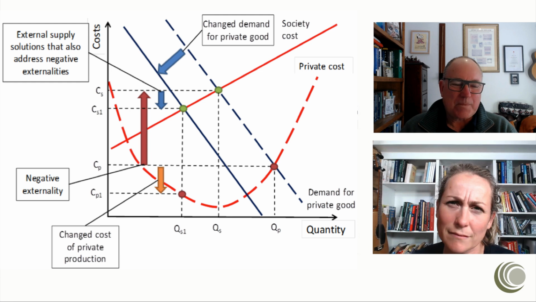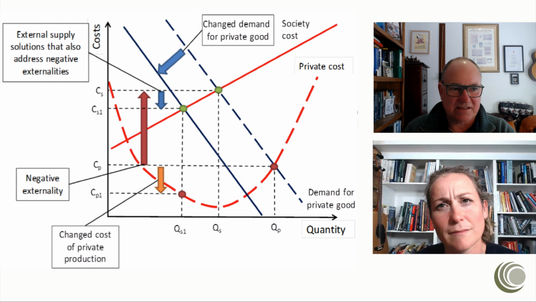So it's often claimed that small-scale systems have no real benefits, they don't make any difference. But that's only because that negative externality, which is the red arrow going upwards that's increasing the costs and price, is not counted.